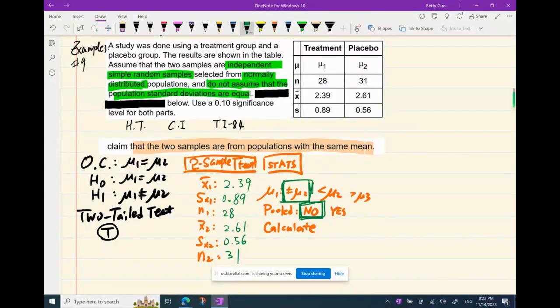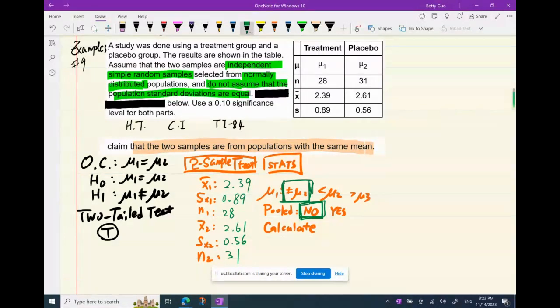Okay, let me enter those values first, and then I'll show you what I have. X1 bar 2.39, 0.89, 28. Yeah, the sample size is only 28, less than 30, but it doesn't matter because the population is normally distributed.